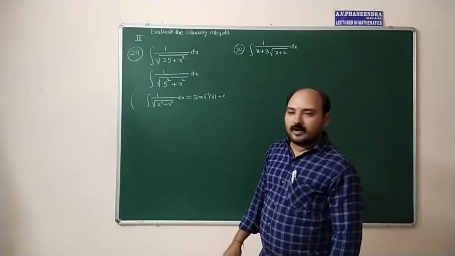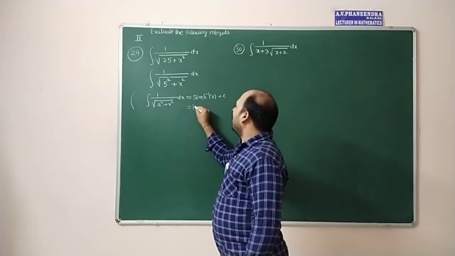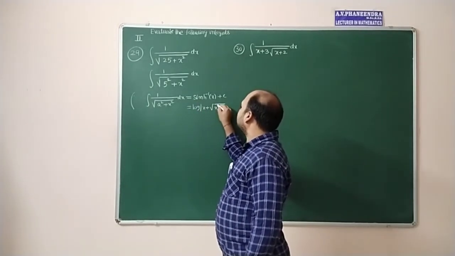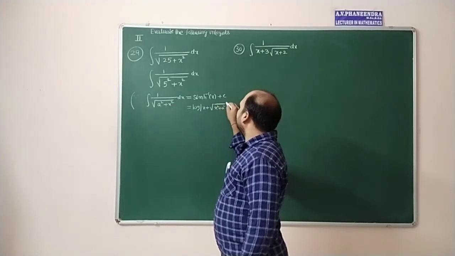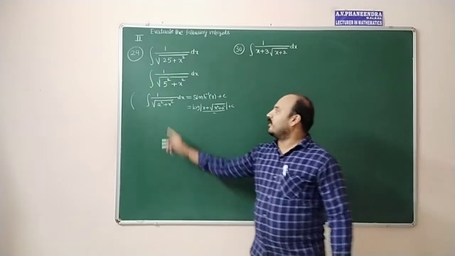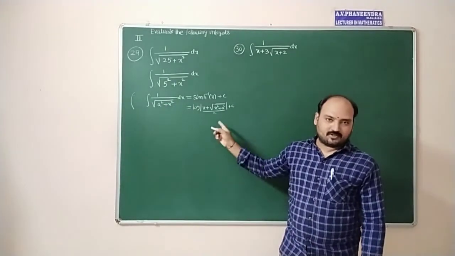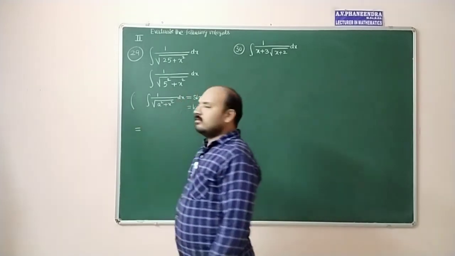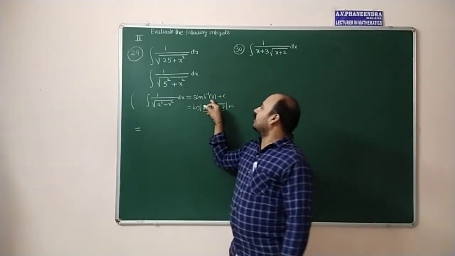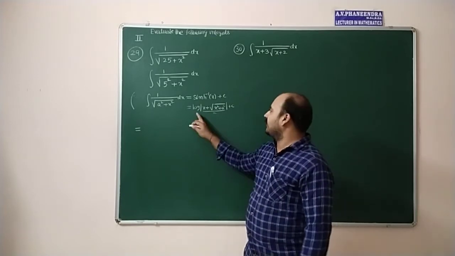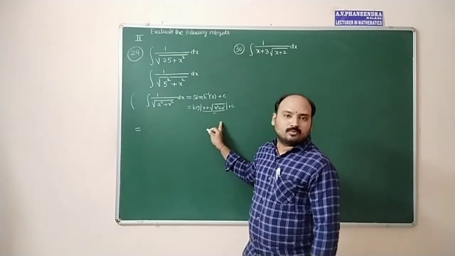Or, as I already said, log mod x plus square root of x square plus a square plus c can also be written. Whenever it is x square plus a square, we can write this. In intermediate we will use this formula only. Suppose if it is the nationwide exam of CBSE, you have to apply this formula also.